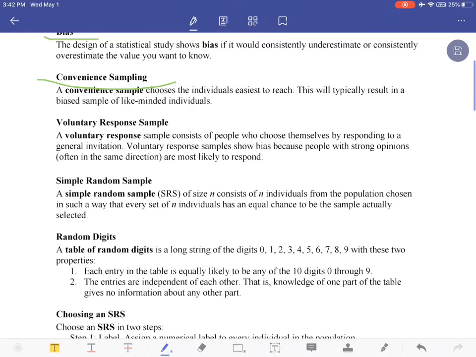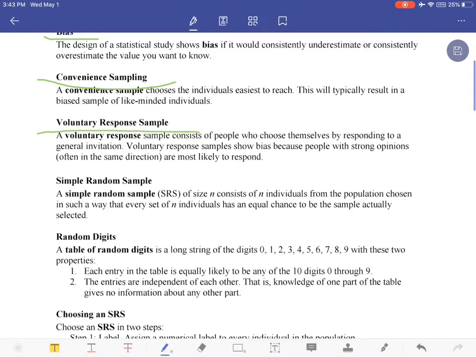It's fast and easy, but the downside is you're going to be introducing bias most likely. There are types where you could have convenient sampling and the bias would not really have that much of an influence, but it's not randomized, which is what we want.